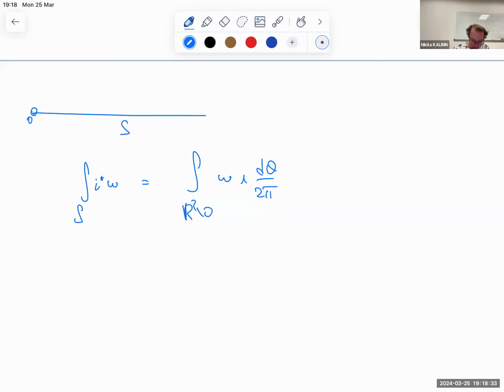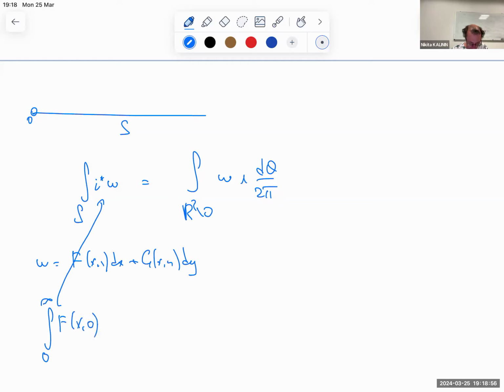Well, maybe we should write it as omega equals f(x,y) dx plus g(x,y) dy, and then it will be easy to integrate on the left, right? Because when restricted to this line, this integral is just the integral from 0 to infinity of f(x,0) dx, right?